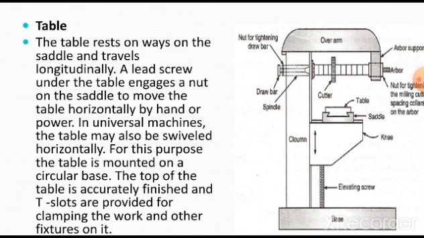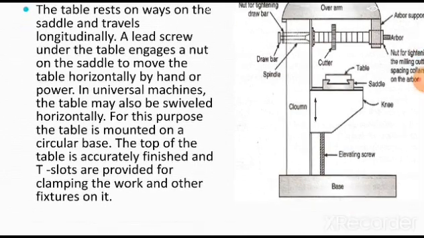In universal machines, the table may also be swiveled horizontally. With respect to the horizontal plane, it is possible to rotate, meaning it is possible to give a certain angle to the table also. For this purpose, the table is mounted on a circular base. Suppose we want to swivel the table, then we have to design the table in the form of a circular shape, and it can be swiveled at the required angle on the saddle itself.